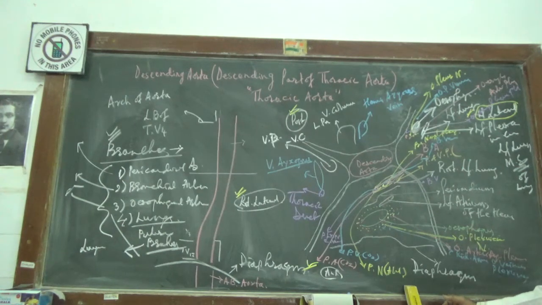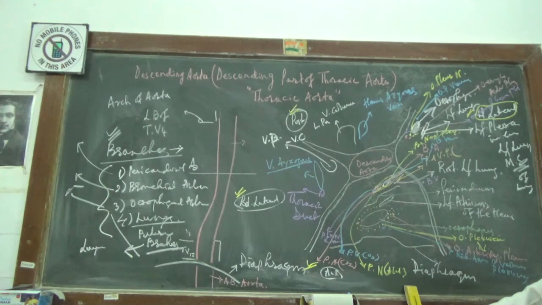But the ascending aorta is important for either 5 or 3, so one must know. Why is the ascending aorta important for 5 or 3 marks? Because it is the main blood supply for the heart by the right and left coronary arteries. That is why it is important.